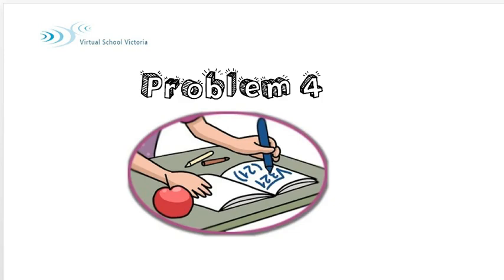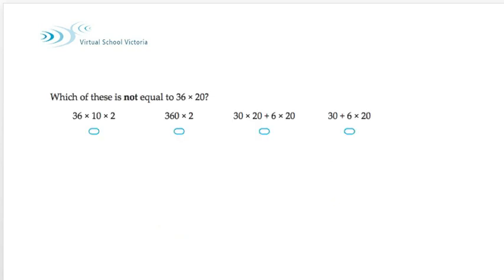Now let's look at our last problem for today, and this is one of my favourites, but it's also very tricky. Read it. They are asking what is not equal to 36 times 20. So we have to do a little brackets there.